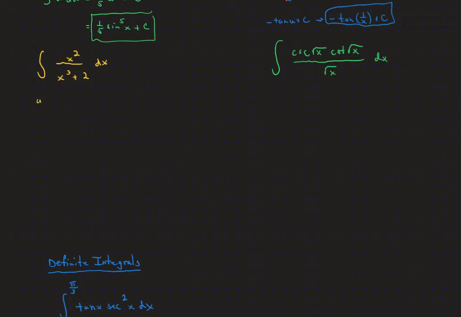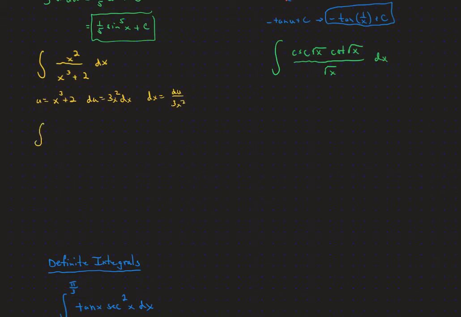So that means a good try would be let u be the entire denominator. That means its derivative is going to be a 3x squared dx. That's good because that's going to account for that x squared in the numerator. And solving for dx will give us du over 3x squared.